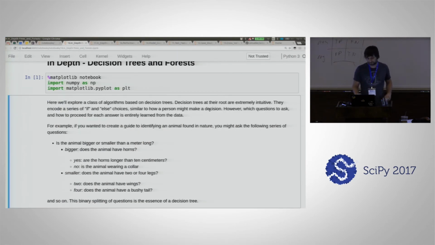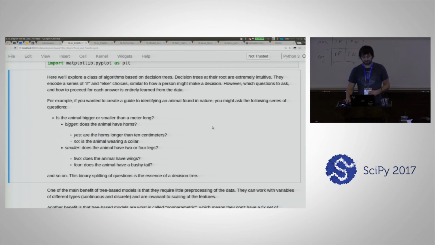Why isn't there an image of this? So basically, decision trees learn to ask a series of if-else questions. You learn to make a decision by asking a question. Here, you found an animal in nature, and the first question you ask maybe is, is this animal bigger or smaller than a meter, or 3 feet for the Americans? If it's bigger, you ask if the animal has horns or not.